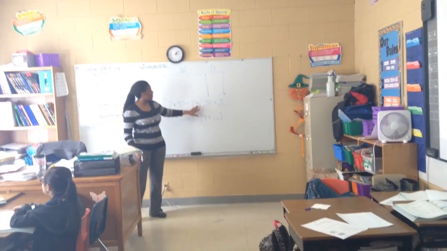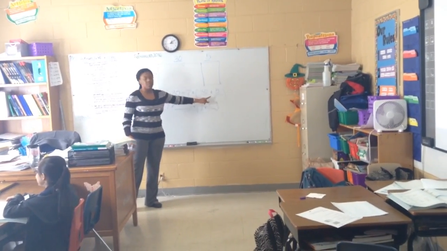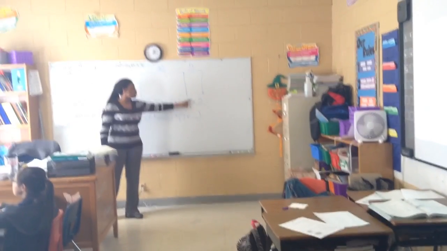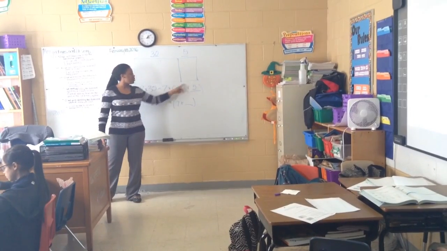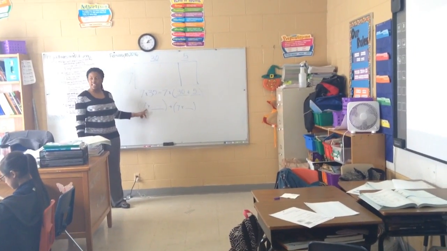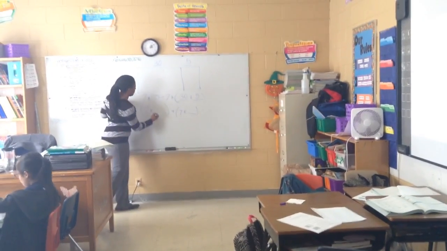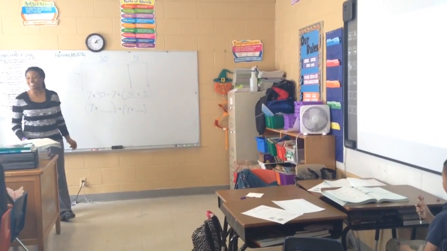So we have 7 times 30 plus 5. So we can distribute the 7 and multiply to each number. So if we have 7 times, oh, I'm sorry. Because I erased it, I'm sorry.